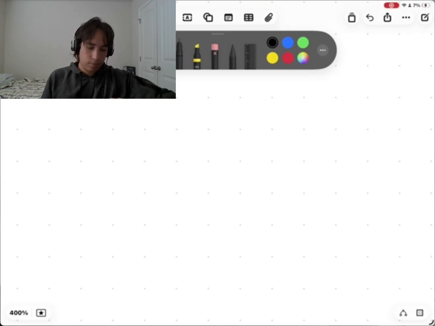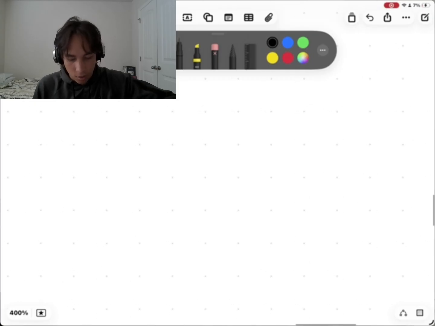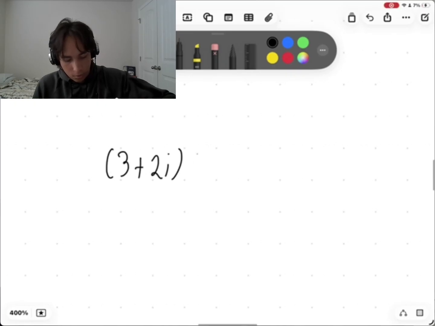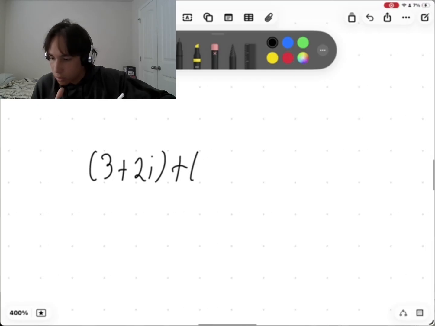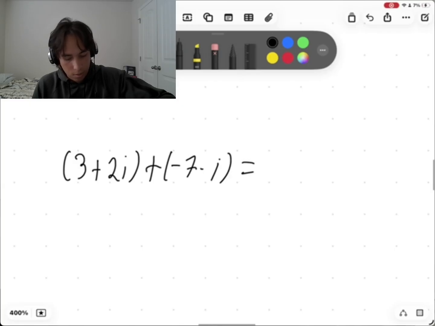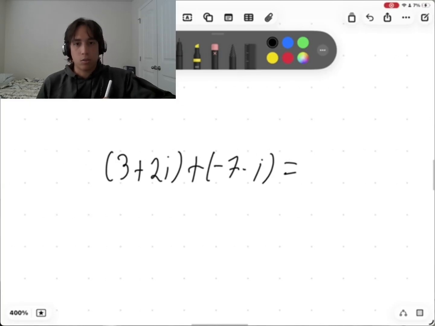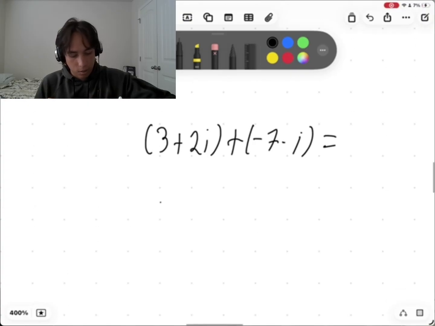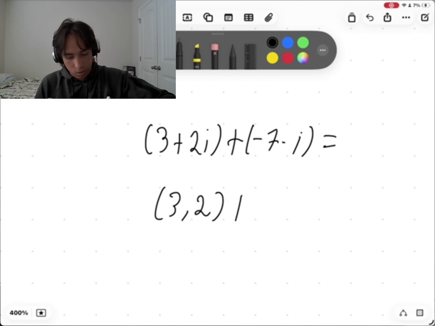So yeah, let's start. First question, once again, which is 3 plus 2i plus -7 minus i, right? This is one of the reasons I say that you can treat them as pseudo vectors, because it is the same as (3, 2) plus (-7, -1).